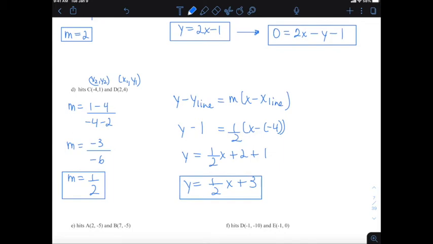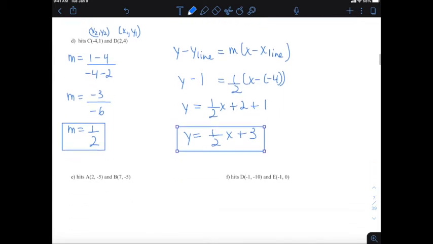Okay, now if I want to put this in standard form, I'm going to bring the y to the other side, but remember, I'm not supposed to have fractions here, so I should multiply everything by 2, okay, to get this.